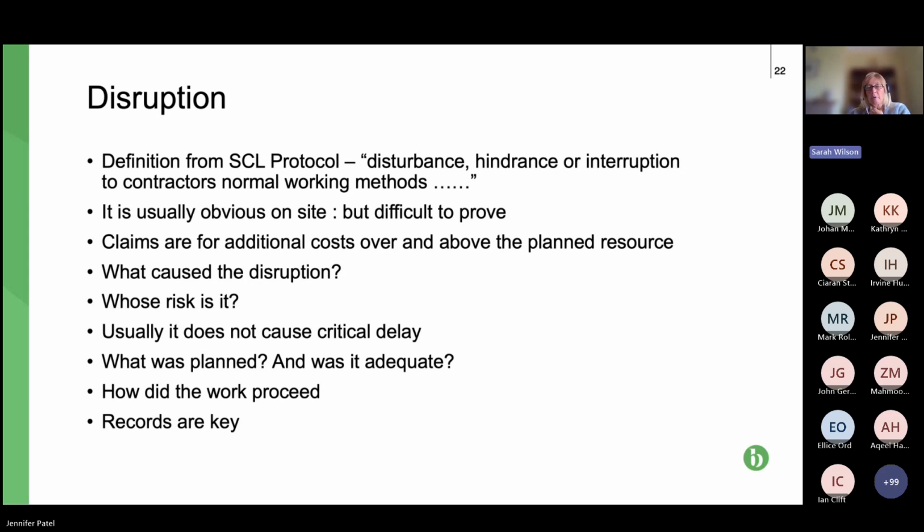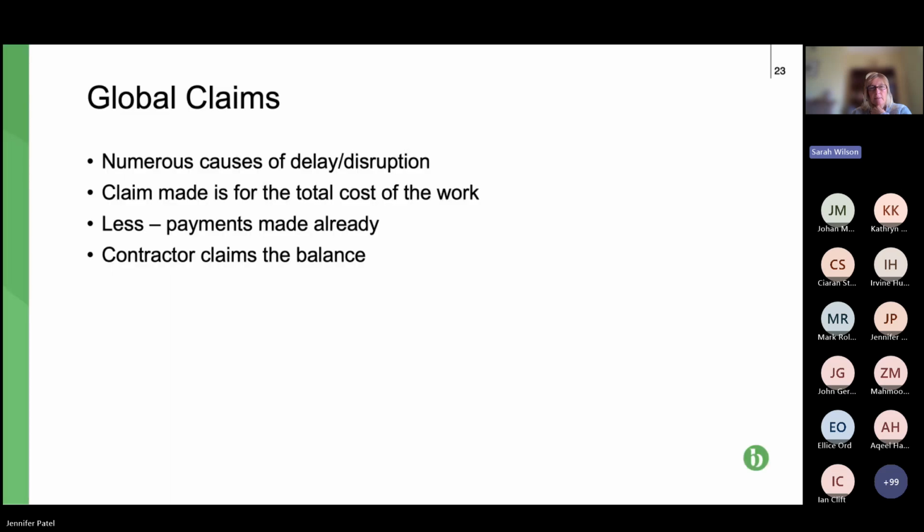And the final bullet point, because this is difficult to prove, records are key. To be frank, with any dispute, records are key, but particularly here: what was planned and was it adequate? You need records to show what was planned before you can actually prove that you had to bring additional resource on over and above what you'd anticipated. Also the reason that you had to bring them on, etc. So if we can move to the next slide, please.